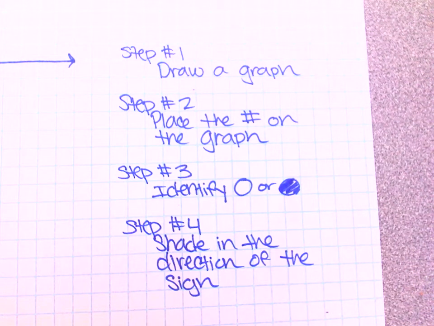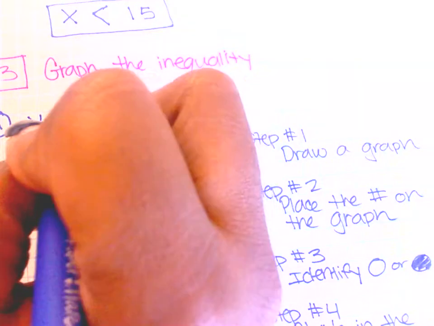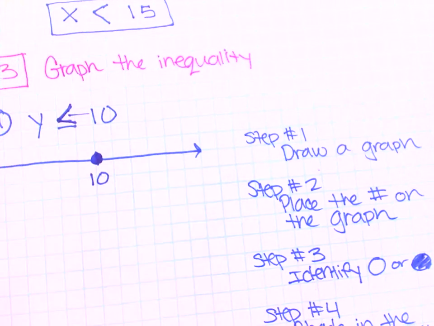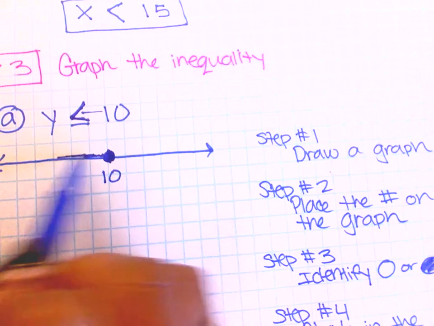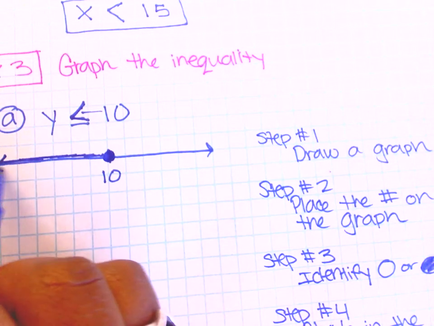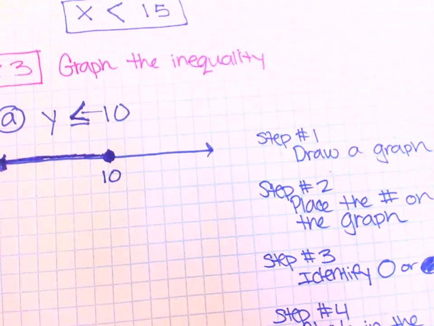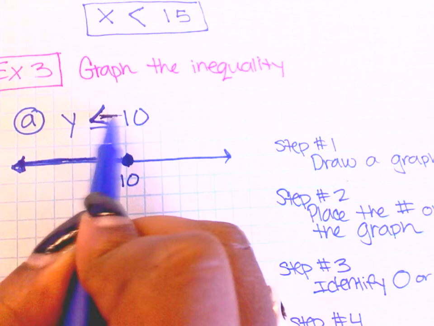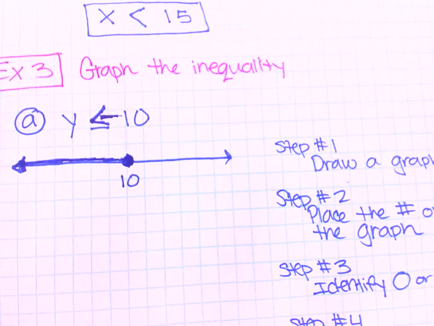So I want you to think of the sign as an arrow, right? If my sign over here is like this, I'm going to think of it as an arrow. That means I'm going to shade left. Think of it as an arrow, shade the left side of the graph, and then your graph is complete. So again, think of the sign as an arrow, a bow and arrow. It tells you which way to shade. I'm shading left.